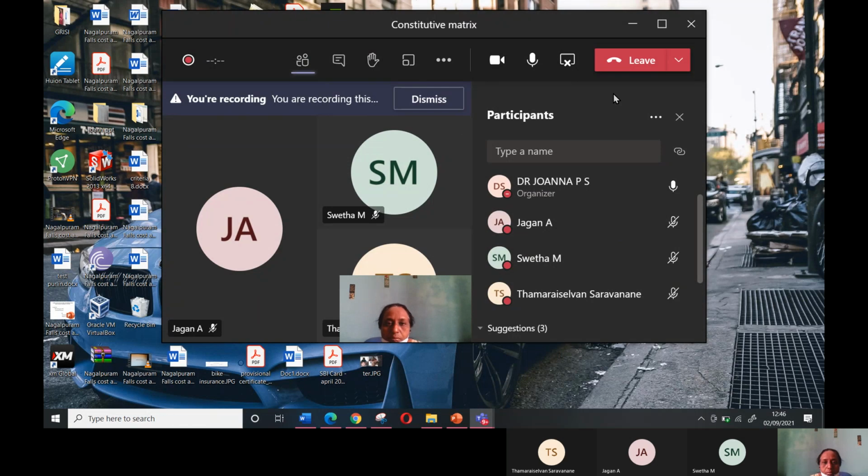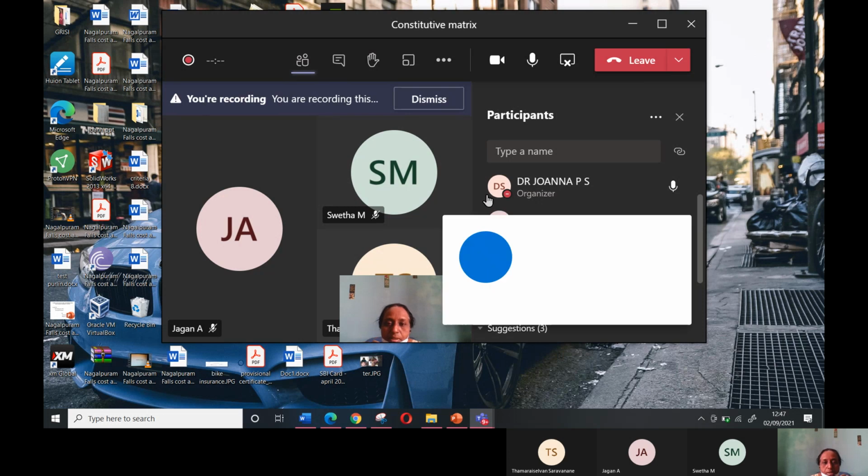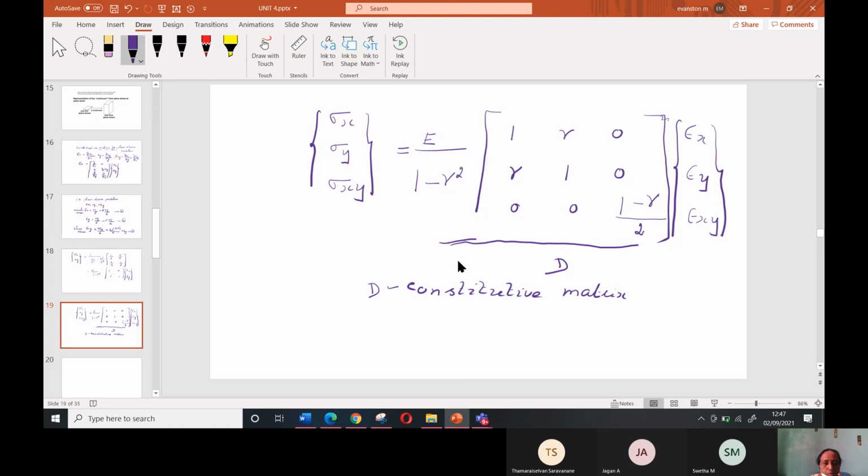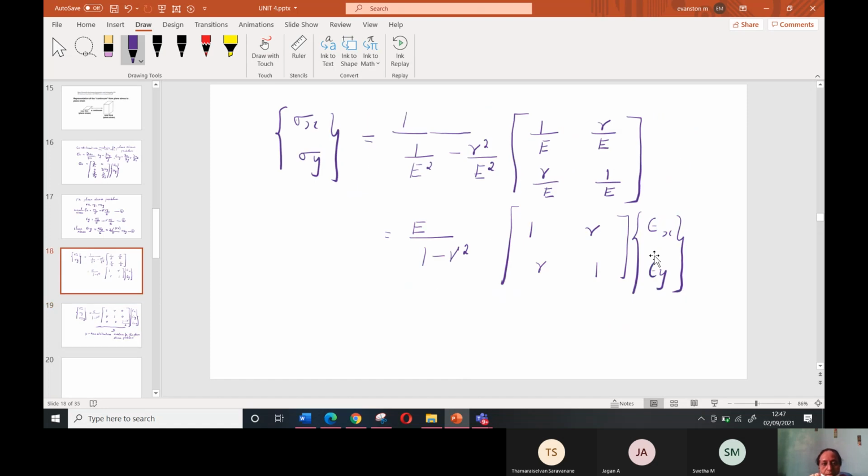So we will do the plane strain problem. This is the constitutive matrix for the plane stress problem. Did you put the title like that? Similarly, we will be deriving the constitutive matrix for the plane strain problem.